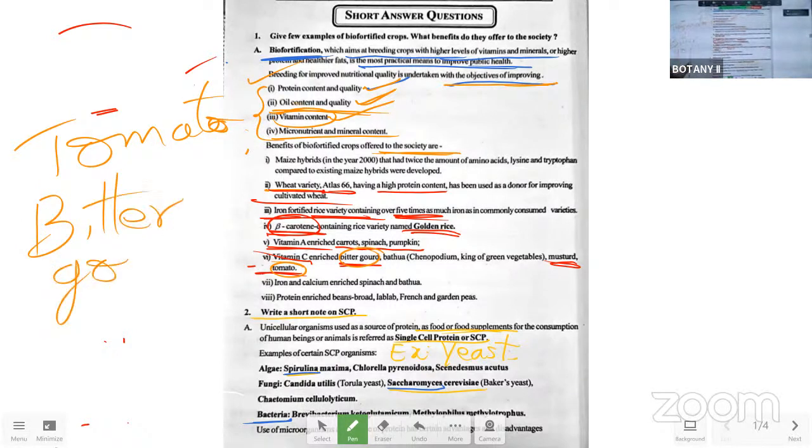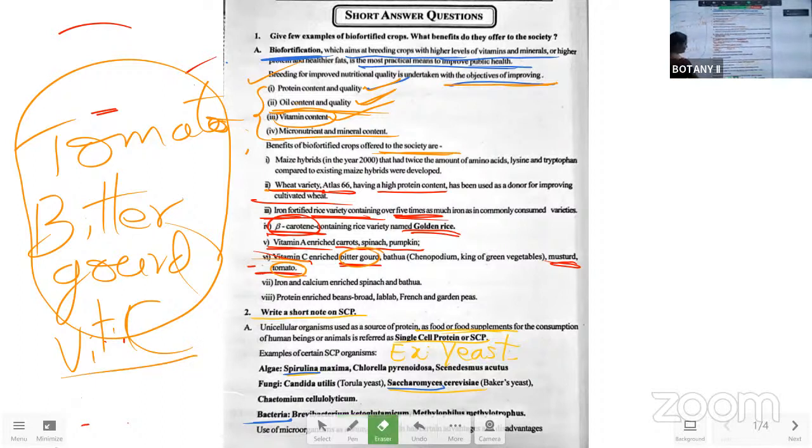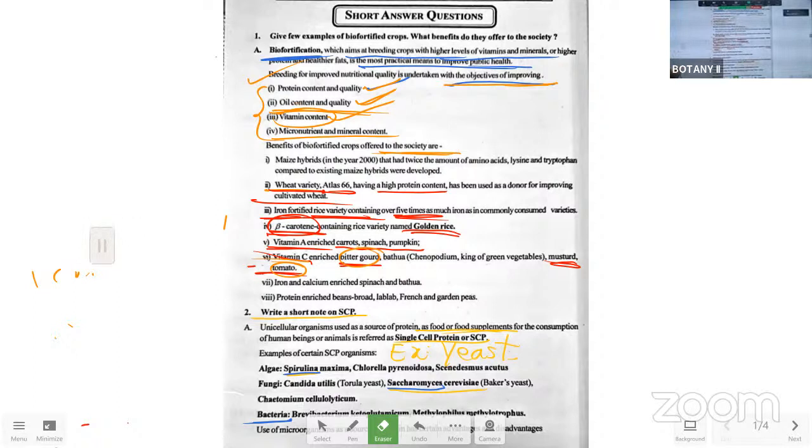So what is the importance of these 2 plants, which have vitamin C? Okay, so that is what we are doing with biofortification. Iron, calcium, vitamin A, all these things we are improving in the plant quantities by this biofortification.